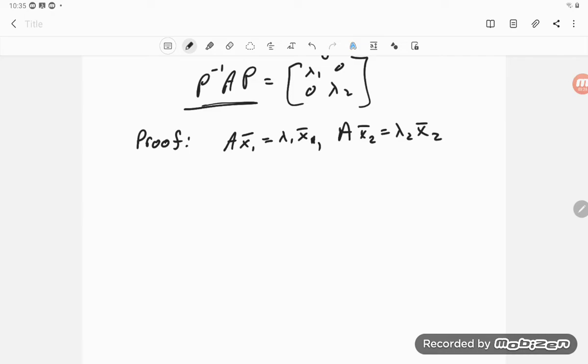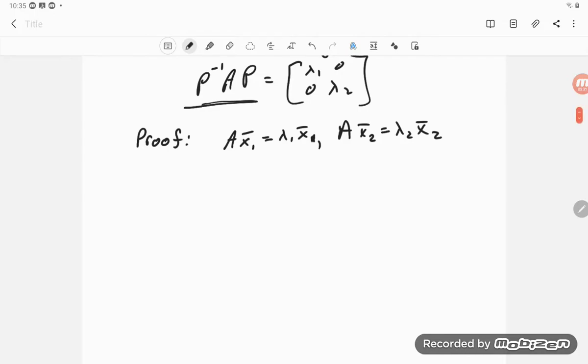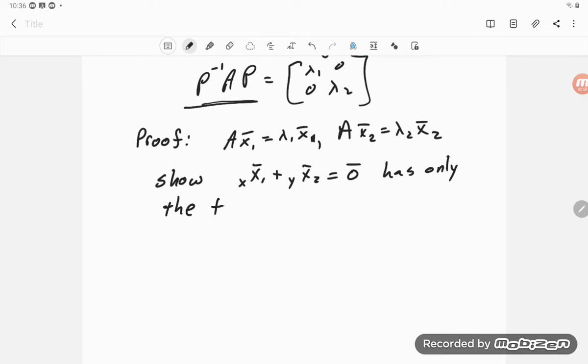So we have that. And then what we're going to show is that x times x1 plus y times x2 is equal to 0 has only the trivial solution. In other words, they're linearly independent columns.